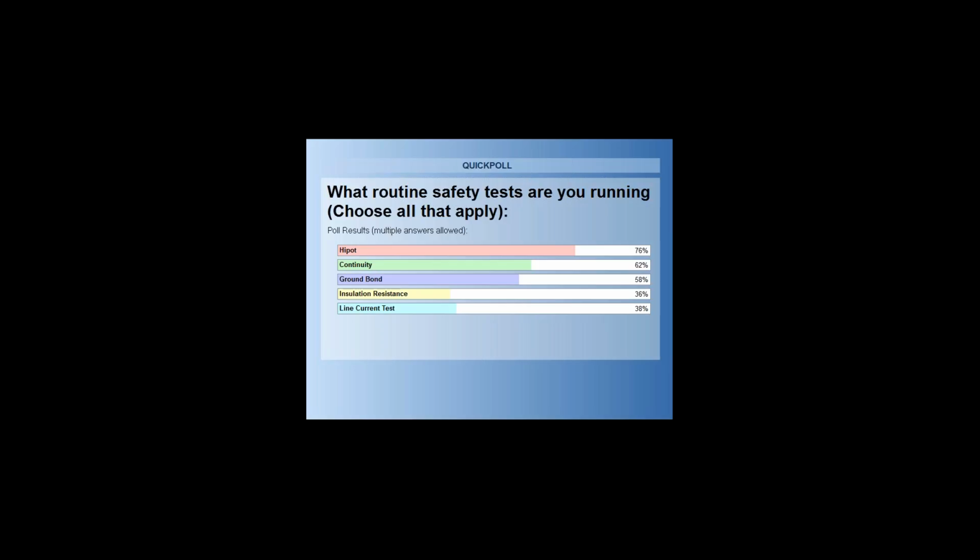All right, thanks very much for participating. Looking at the poll results, it does look like the majority of you are performing the high-pot test, which is one of the most important tests you could perform on your DUT. This is to ensure that the insulation that's protecting the end user doesn't break down in normal operation.